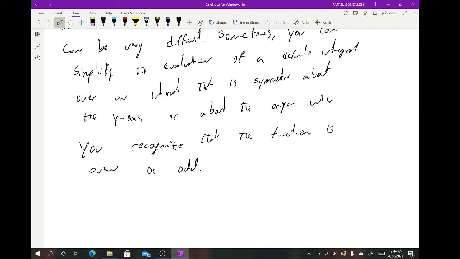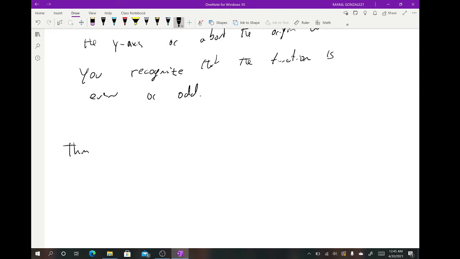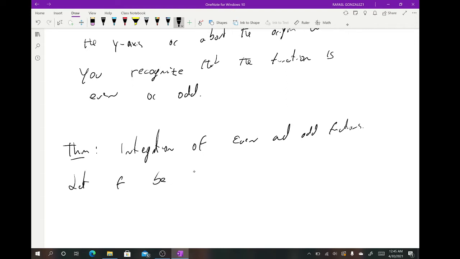So the theorem goes as follows. This is integration of even and odd functions. The theorem says to let f be integrable on the closed interval negative a to a.